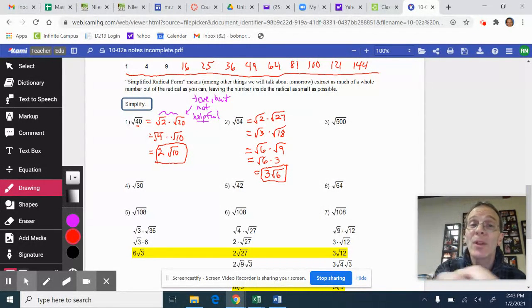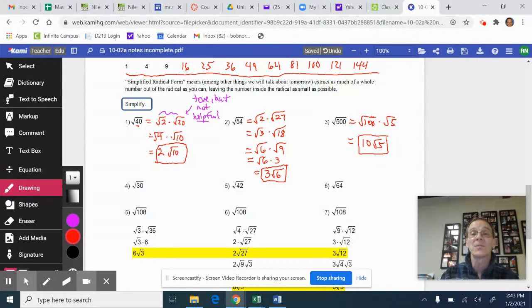Well, there's more than one number in this list which is a factor of 500, but I think the most obvious one and the largest one is 100, right? Square root of 100 times the square root of 5. 100 times 5 is 500, and the square root of 100 is 10. So there's the simplified version of the square root of 500, okay?